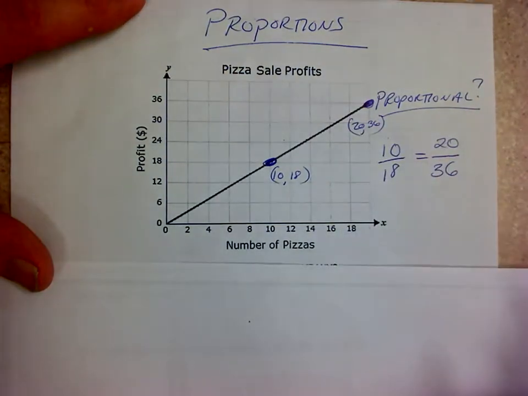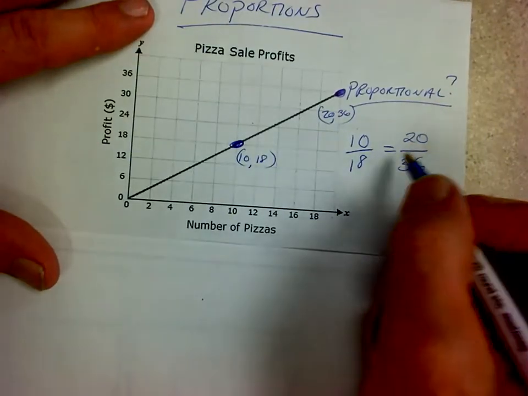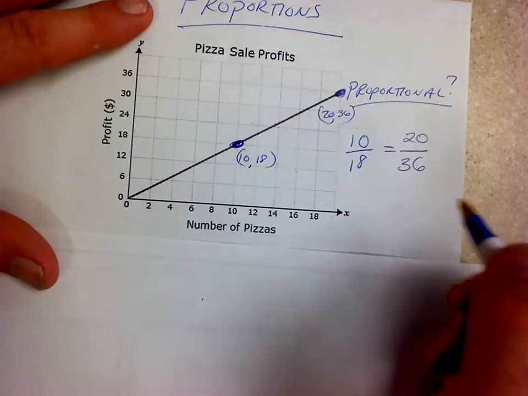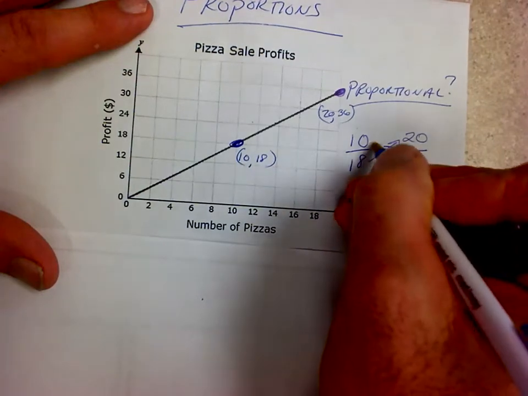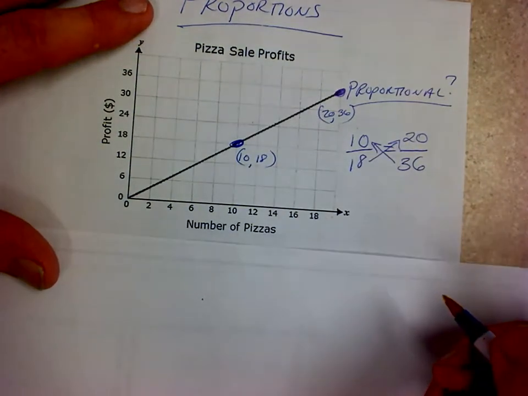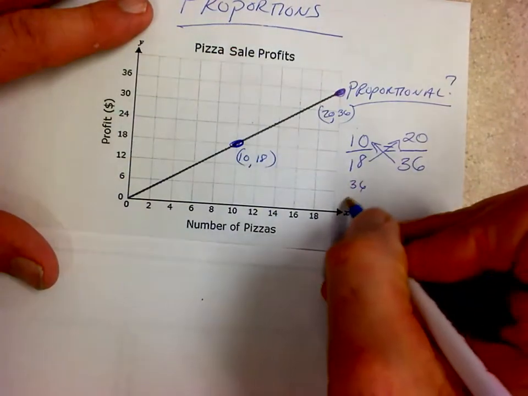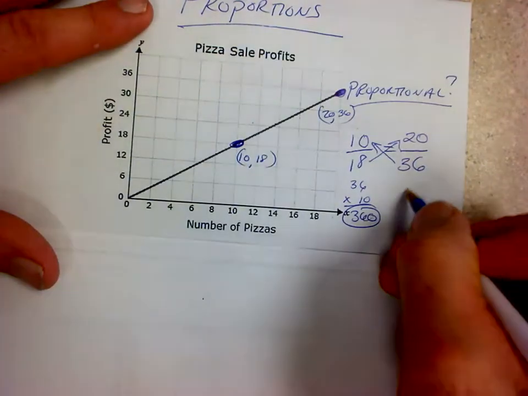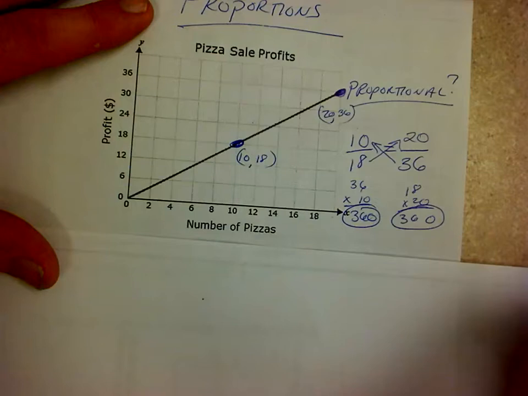So we can build a proportion. Now remember, just building a proportion doesn't verify. We can put 4 numbers in here at random. In order for it to be proportional, we've got to check our cross products. If the cross products turn out equal, we're all right. 36 times 10, 360. 18 times 20, 360.